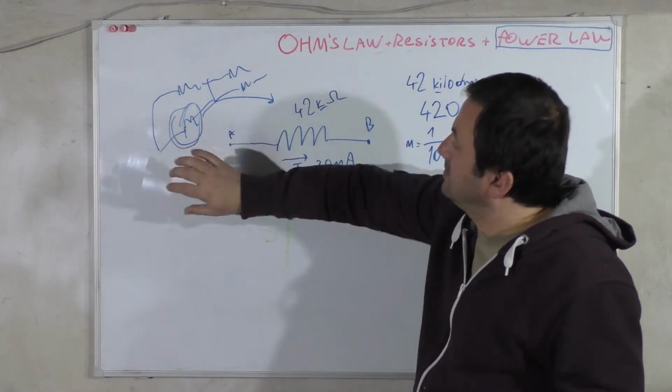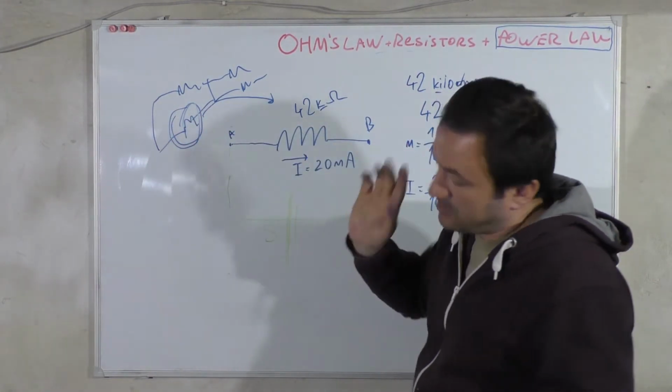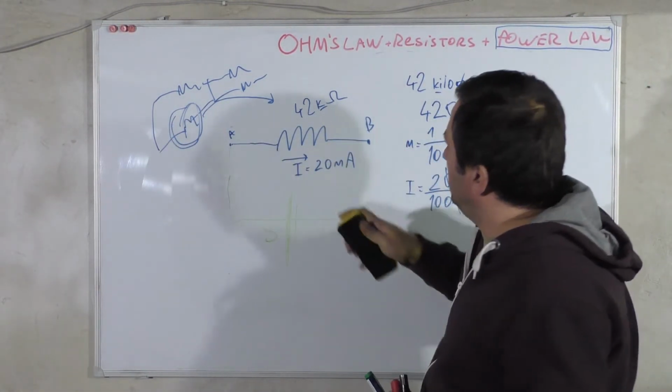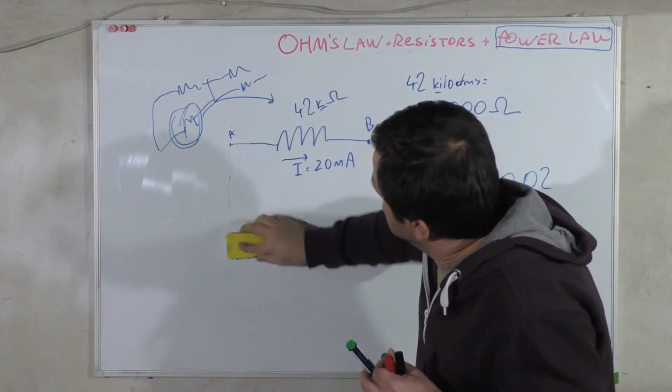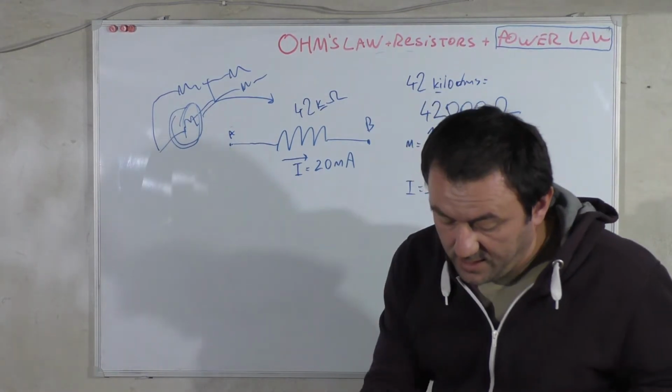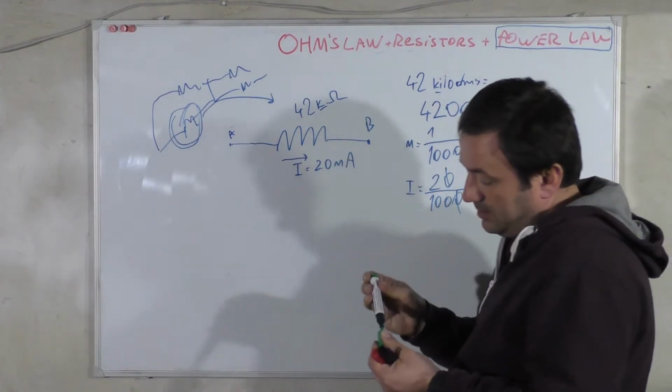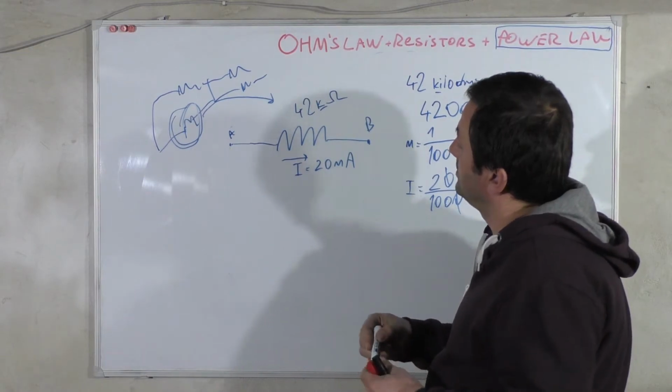If it's part of a circuit, it's just the voltage drop across the resistor. But we don't know, and it's not important for us now. They are saying just between A and B. So what is our voltage drop?